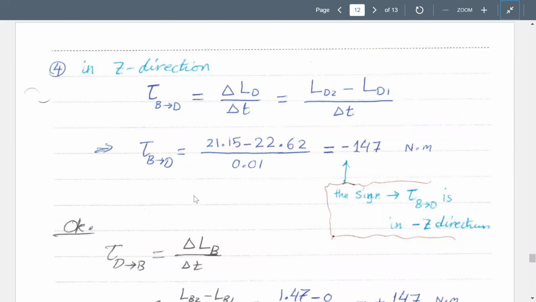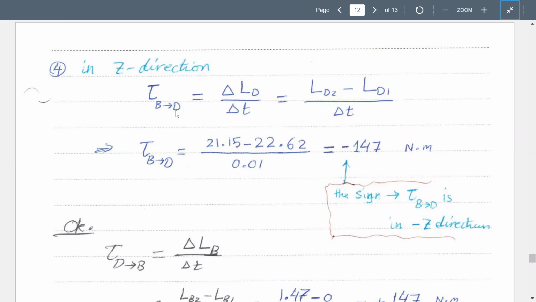As you know from Newton's second law, any change in momentum with respect to time will give us the torque. Now, the torque from the ball on the disk is the change effected on the disk's momentum.